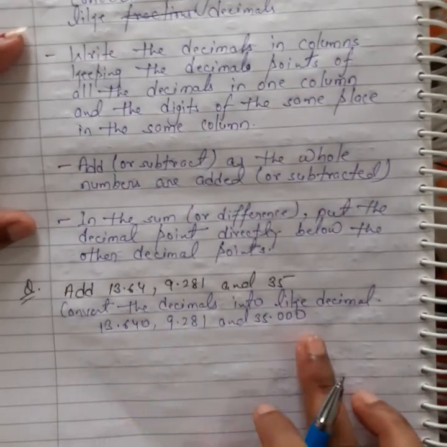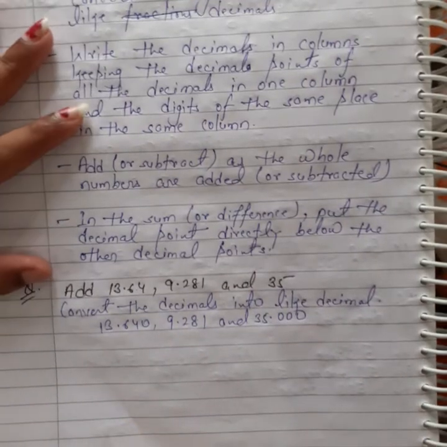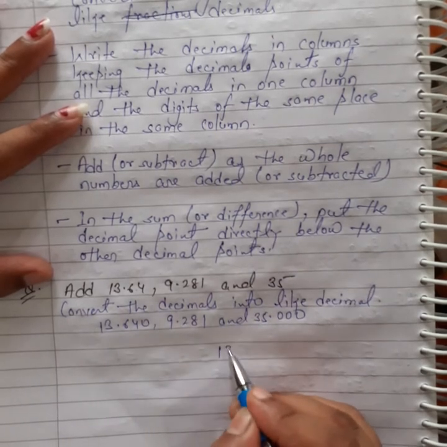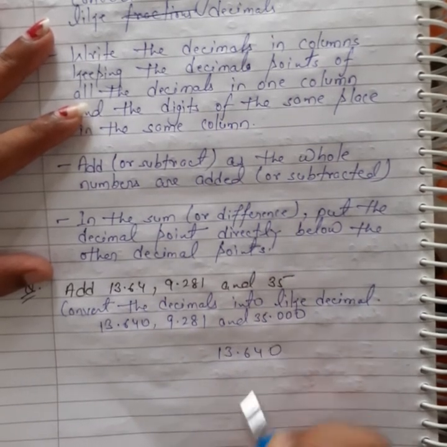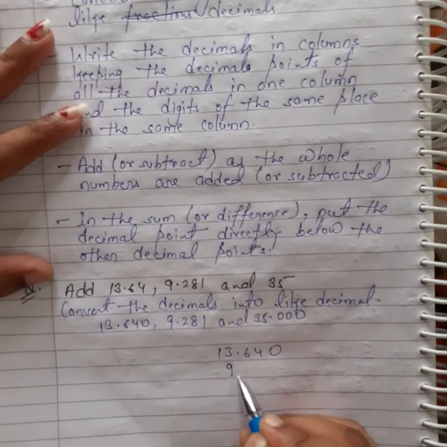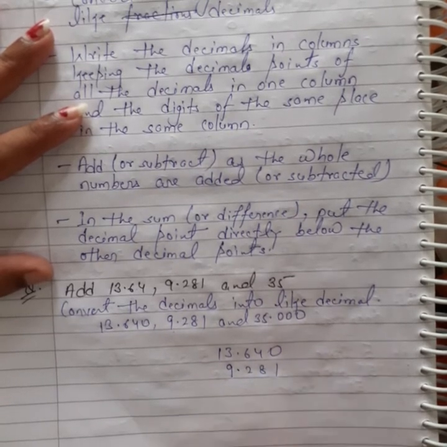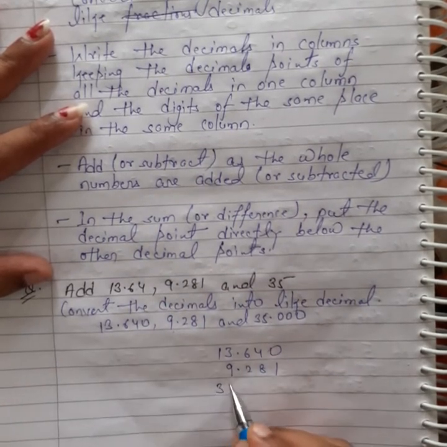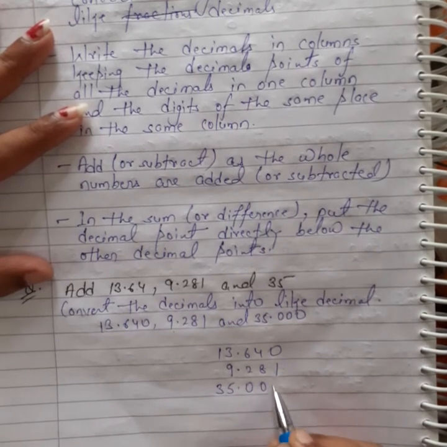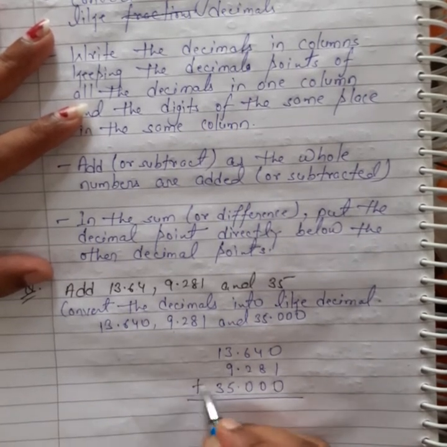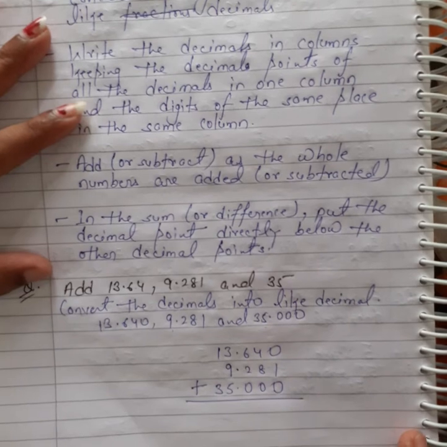Now arrange all the decimals in a column. So it is 13.640. It becomes 9.281 and this is 35.000.